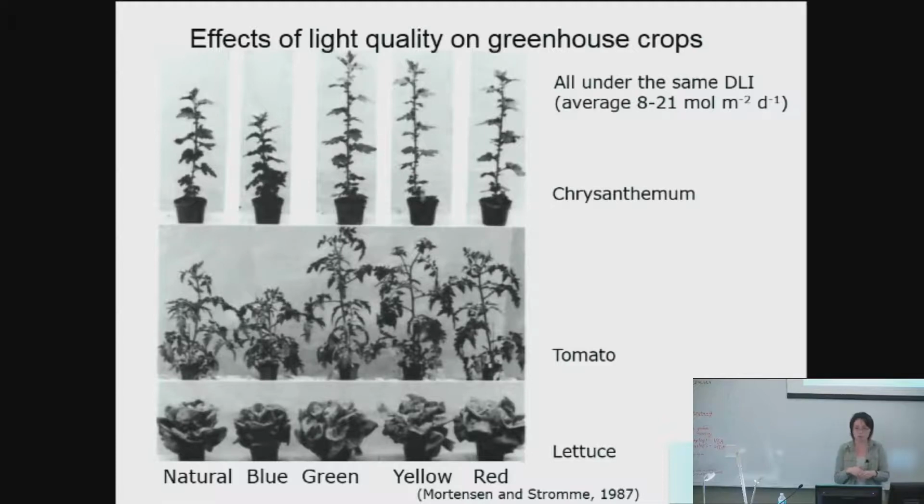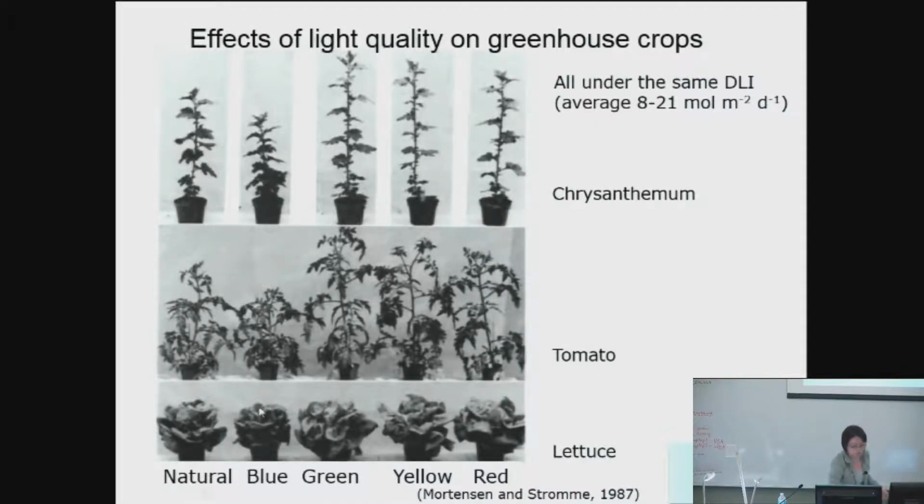Okay, so this is relatively old data, but it was tested under the natural light environment. This group built multiple chambers outside, and of course temperature was controlled, because otherwise you don't know what you are testing. Then they put different filters over the box, which created different light environments.